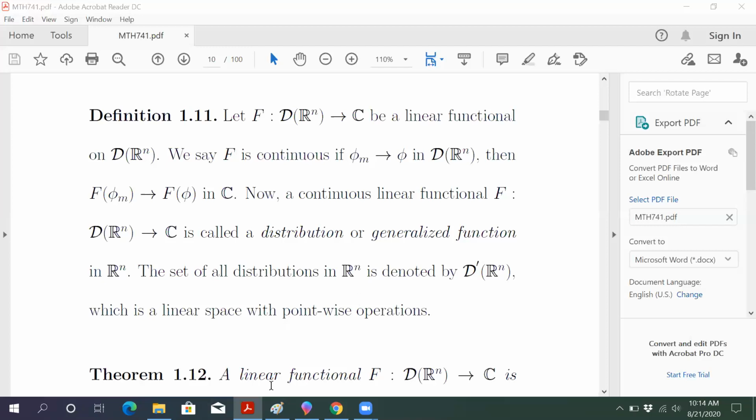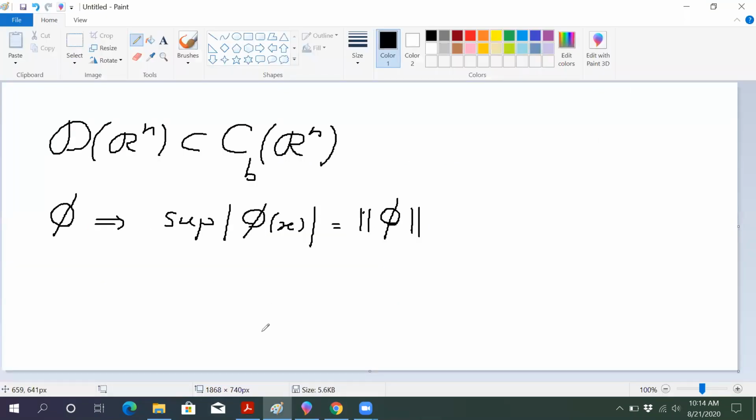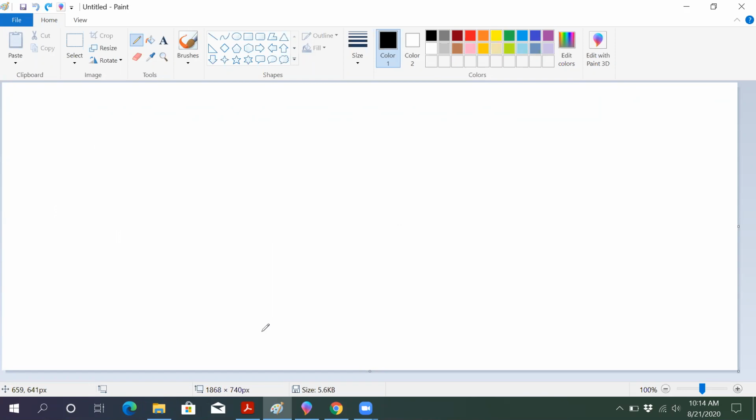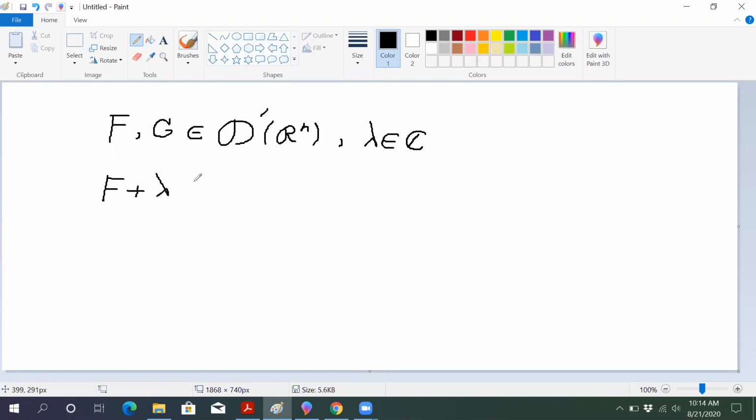This simply means, look here, if F and G are two distributions, meaning two elements of D'(R^n), and lambda is a complex scalar, then F plus lambda G is also a distribution. It means this also belongs to D'(R^n).